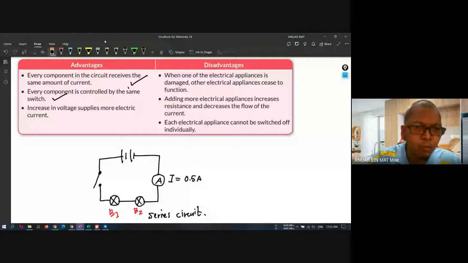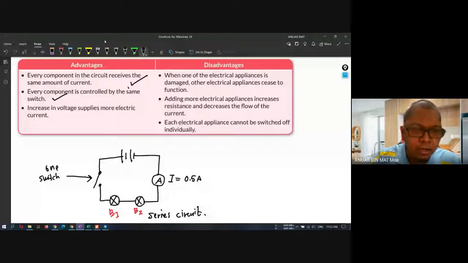If you can see here, I am using only one switch. If I turn on the switch, both bulbs will be lit, or they will be turned off.